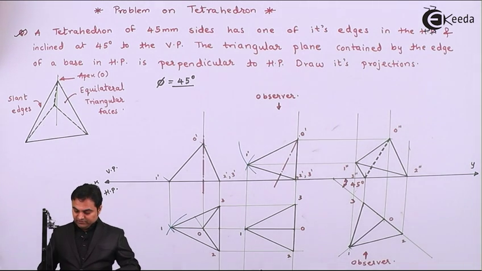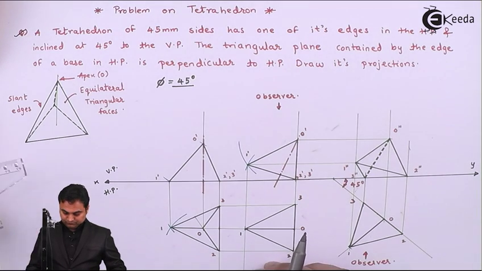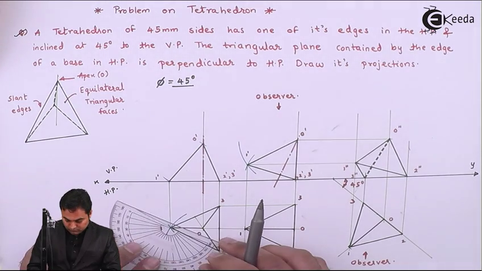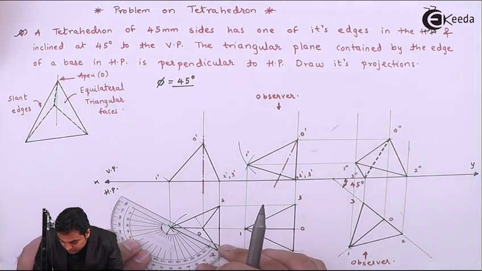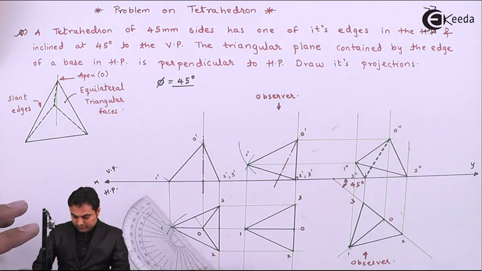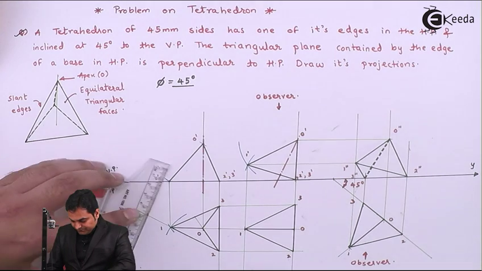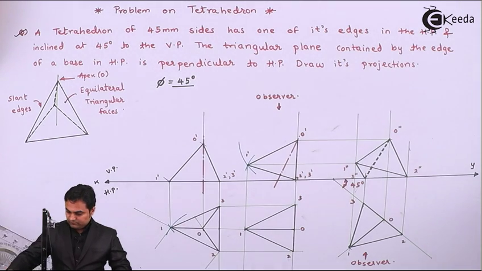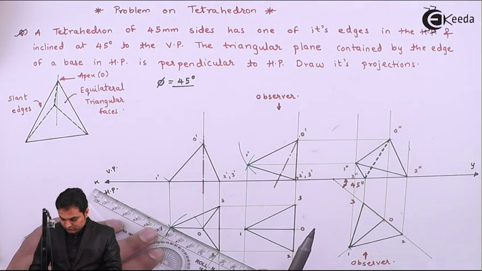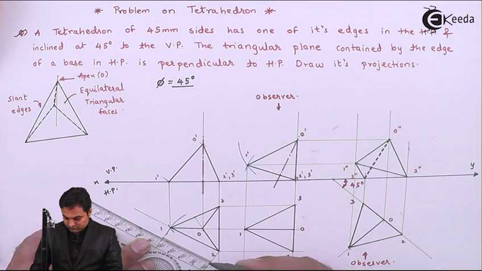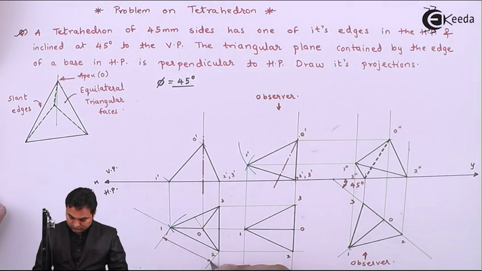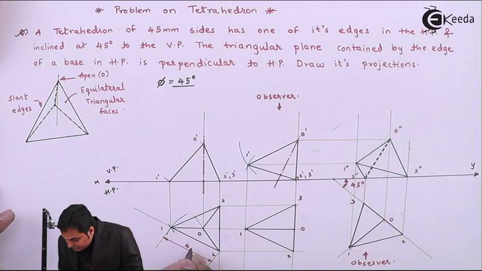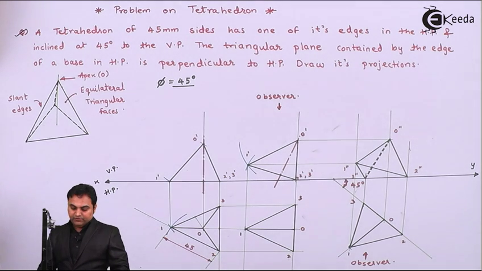Now after this I'll give it the dimensioning. Marking a 90-degree angle. The tetrahedron is of 45 mm sides, marking 45 here.